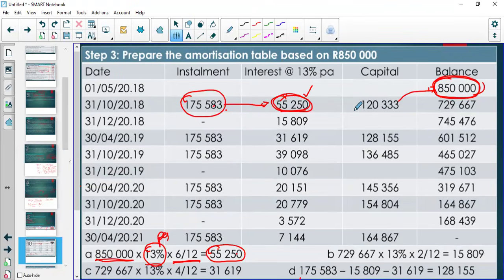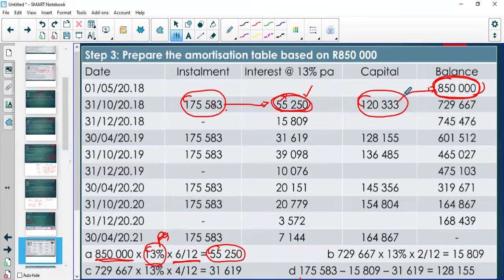I do this, not everybody struggles with this, but some students were asking what's happening. And it was a case where the payment does not coincide with the year-end date. So we have 175,583 minus 55,250.